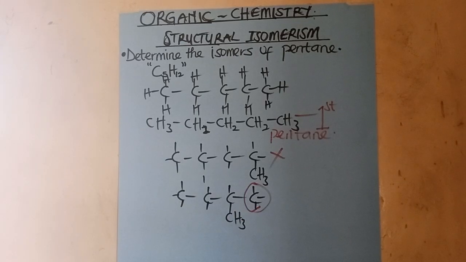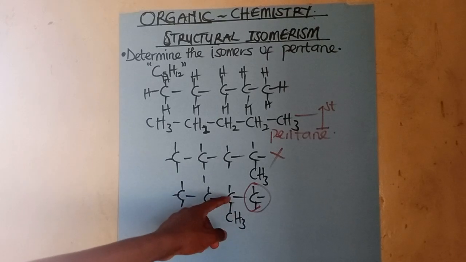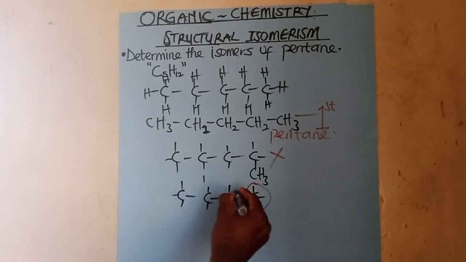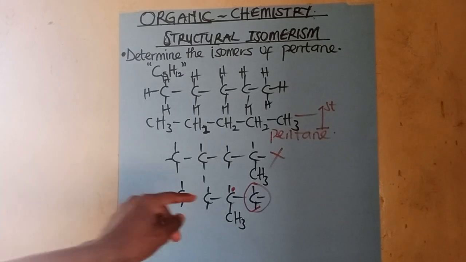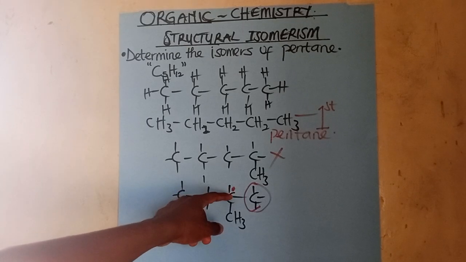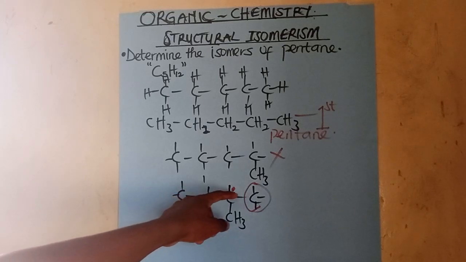So now let me name this. Naming this will now be what? On this carbon, I have my substituent attached to this carbon atom. Now, if I'm counting from here, this is my chain.